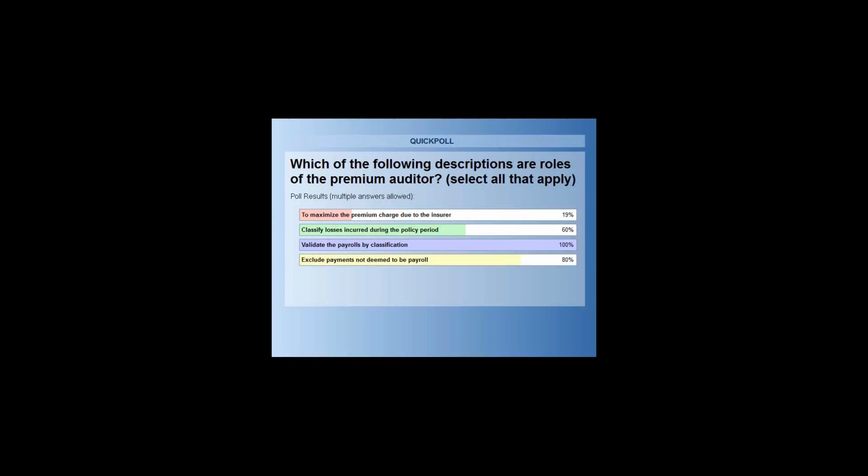One, we want to classify the losses incurred during the policy period because payroll and losses are important from a statistical standpoint. And then validating the payrolls by classification, most definitely a role of the premium auditor. And then also, so that a policyholder doesn't pay too much, there are payments that can be excluded, and so that is really part of the auditor's job as well.